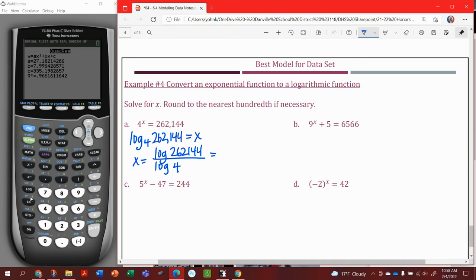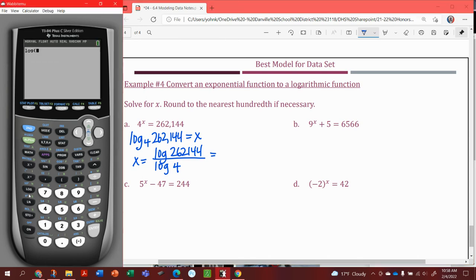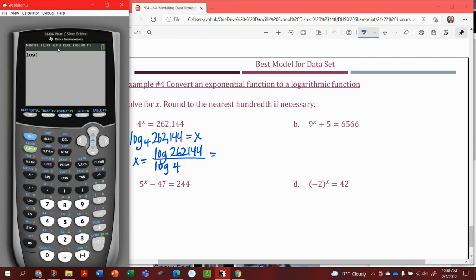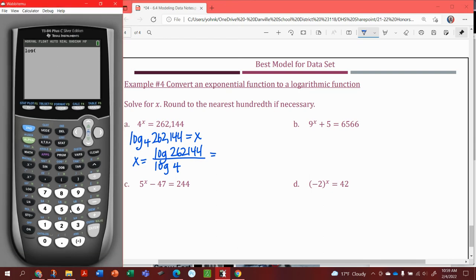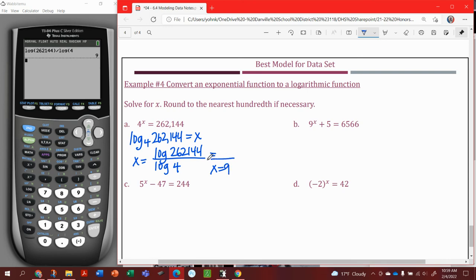If I type this on my calculator, I use the log button over here on the left side. So log of 262,144. Make sure you close the parentheses before you divide by the log base 4. This gives me x equals 9. So 4 to the 9th power gives me 262,144.